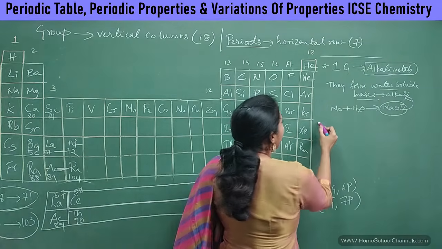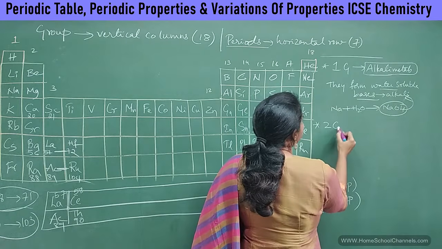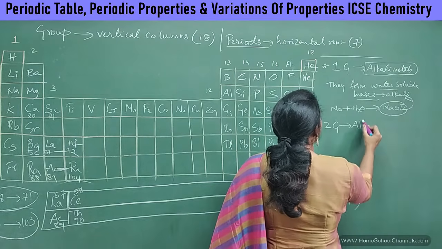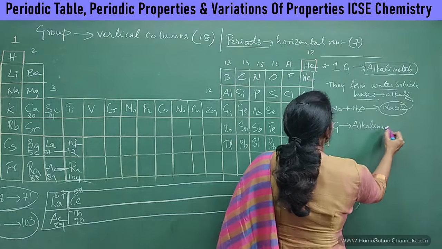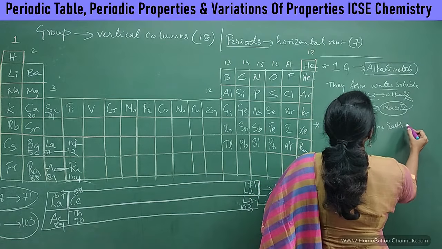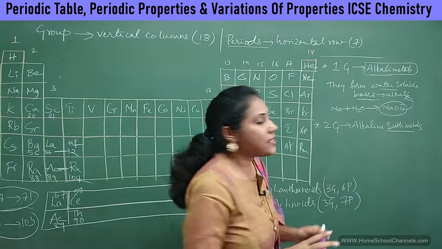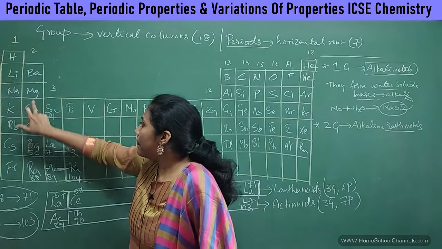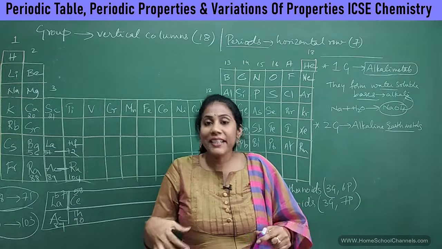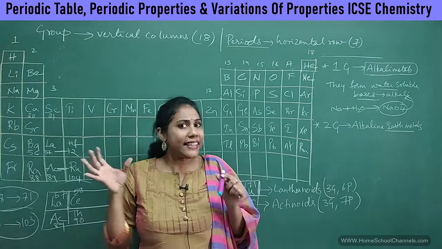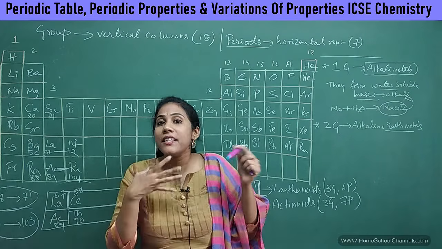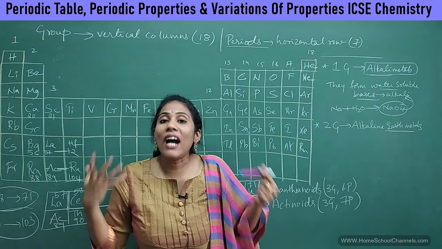Okay, fine. And coming to second group elements are called alkaline earth metals. Okay, it is because these elements, beryllium, magnesium, calcium, they are all present in earth crust. Even these elements also, when they dissolve in water, they will give alkalis.